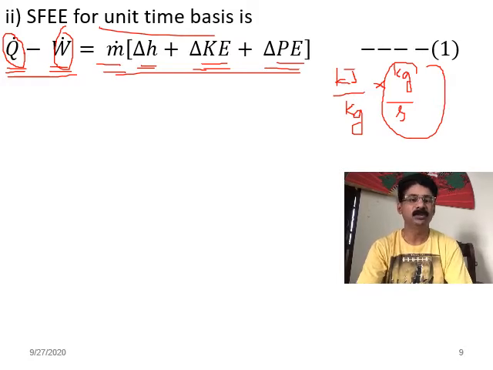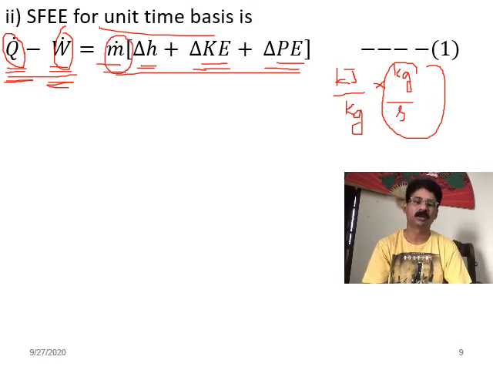When you are using kilojoules per kg basis, take Q in kilojoules per kg, W also in kilojoules per kg, then no need to multiply by m dot, because all other terms are already in kilojoules per kg. See, this is the difference. M dot will not be there, and in place of Q dot and W dot, it will be just Q and W, because the unit will be kilojoules per kg. In later problems, we will use that formula also.